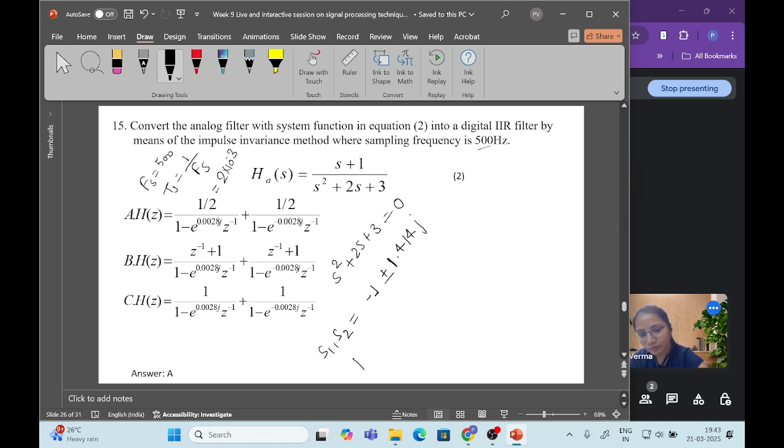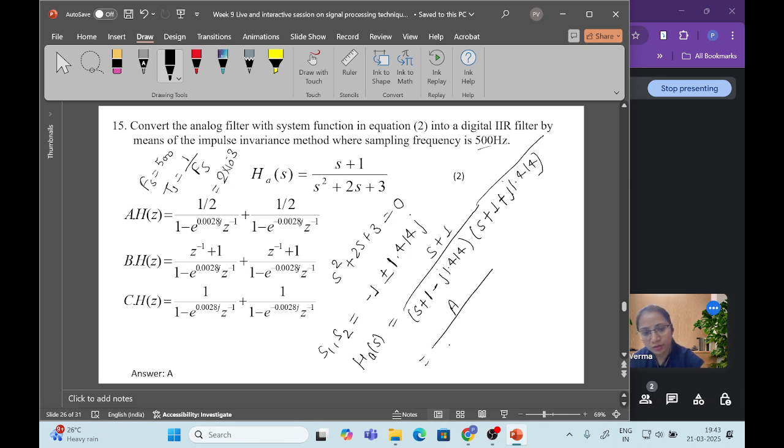Now H_a(s) poles we have got, so it is A divided by s plus 1 minus j 1.414, similarly s plus 1 plus j 1.414 you will get. Now just do that partial fraction and get the values of A and B.